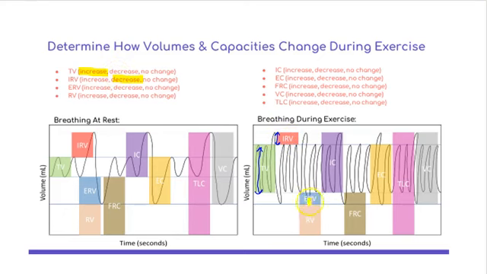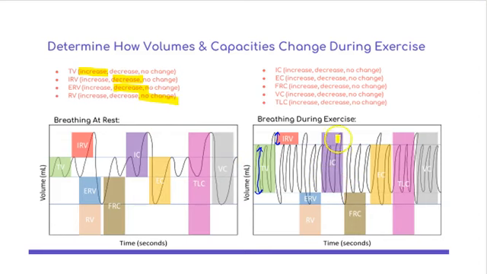The same, because again, the amount of air that we breathe out during the TV has increased, so there is no more space for ERV. So ERV is going to be decreased as well. What's gonna happen for RV? Do you think that at rest and during exercise, the amount of air staying in our lungs should change? No. The amount of air that stays in our lung is the same at rest and during exercise, so no change.